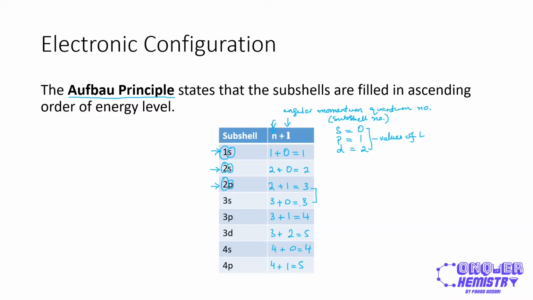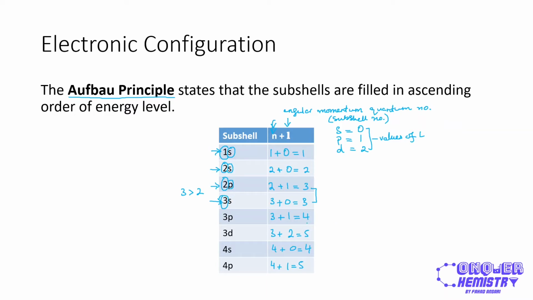But we know that 3s actually has the higher energy level, and the reason is it has the higher principal quantum number n. So over here 3 is greater than 2, so that's why we know that 3s will have the higher energy.